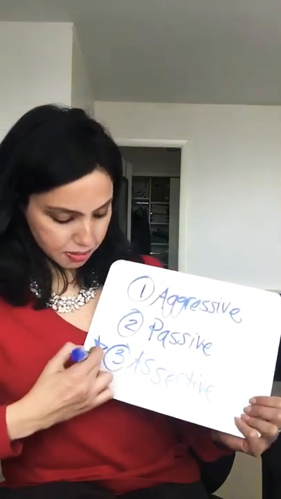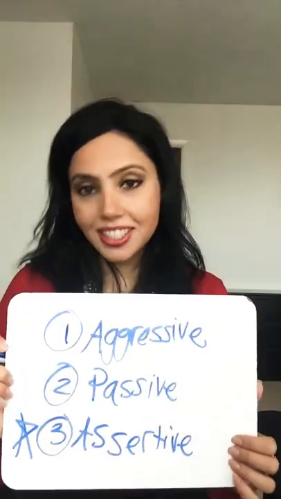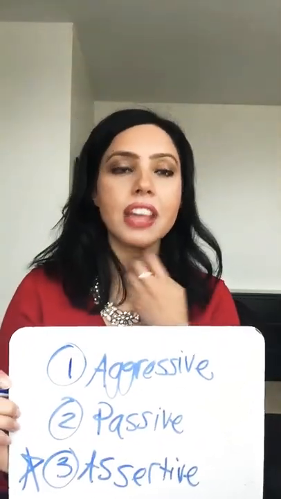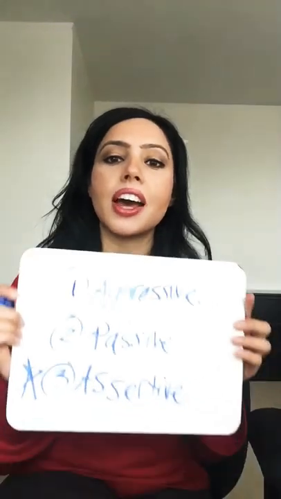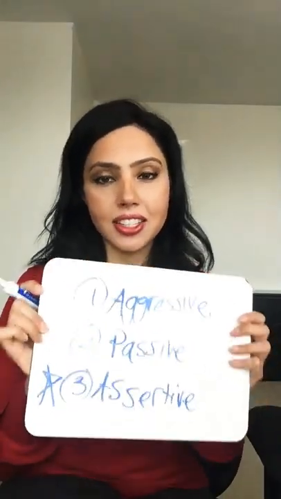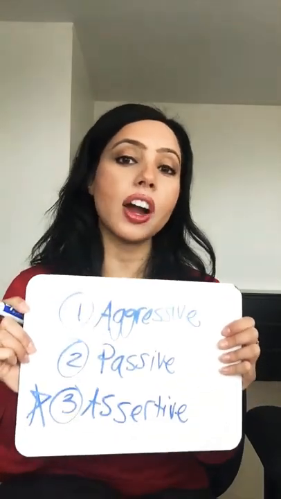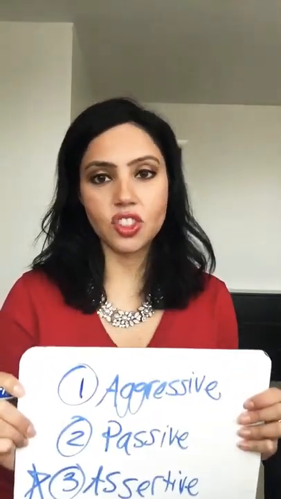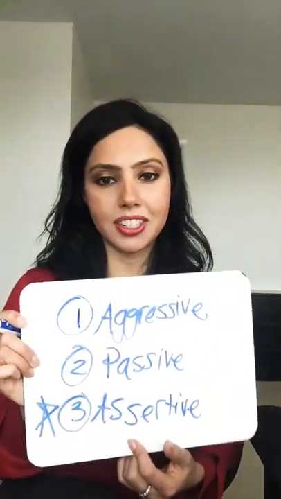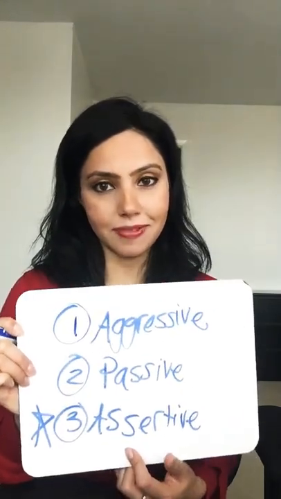So I'm going to put a big star by assertive. So next time that you have conflict with someone and you're thinking about how should I handle it, again, ask yourself, if it's a classroom, I think you should do it regardless. But if you are invested in that relationship, try to be assertive. That one is the most effective.